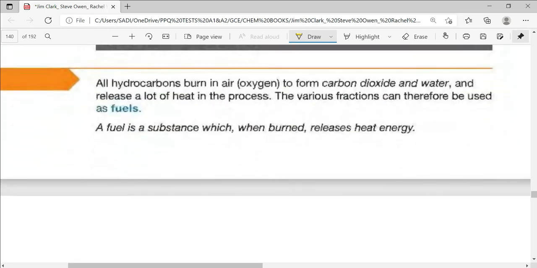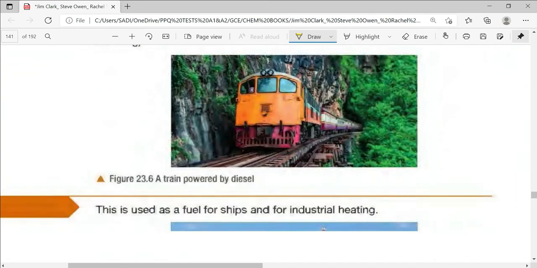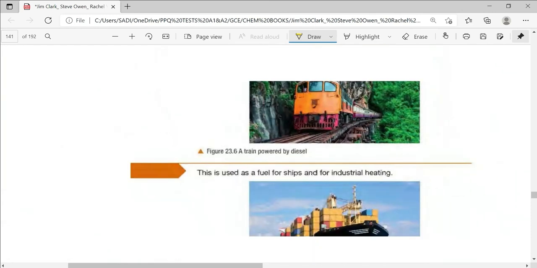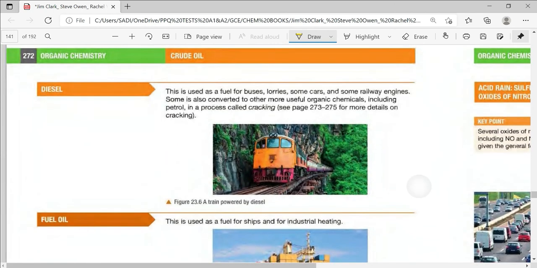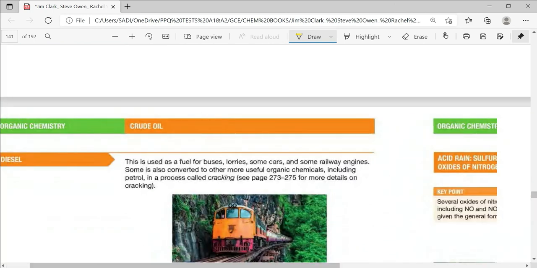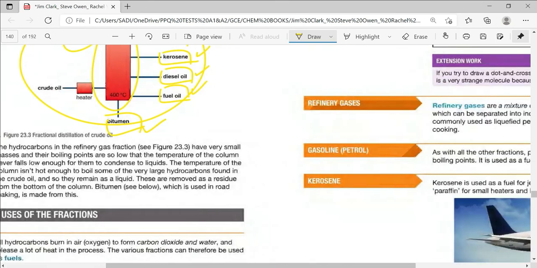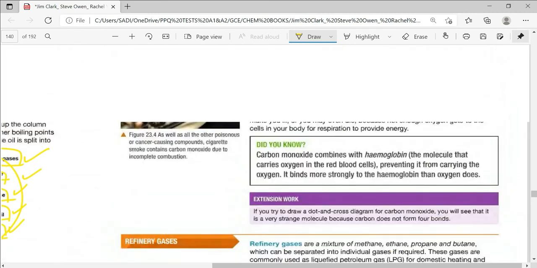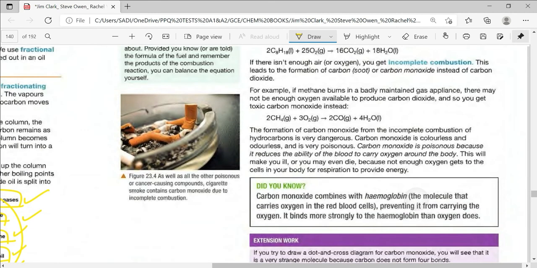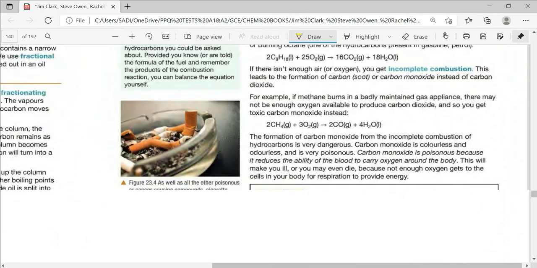No, sir. Okay, now let us move forward and we will see the uses of different fractions. If you see your book, you will find different uses given there. Combustion we have already discussed.